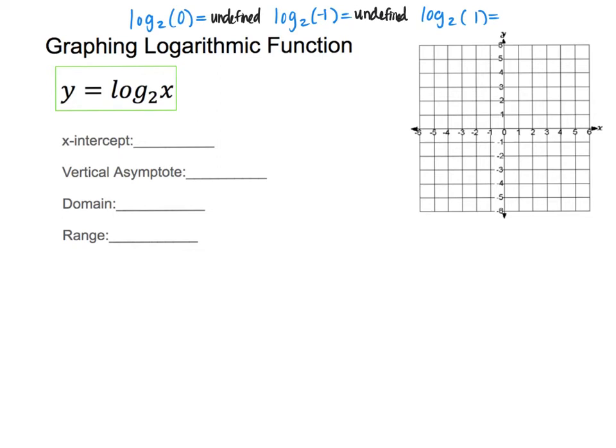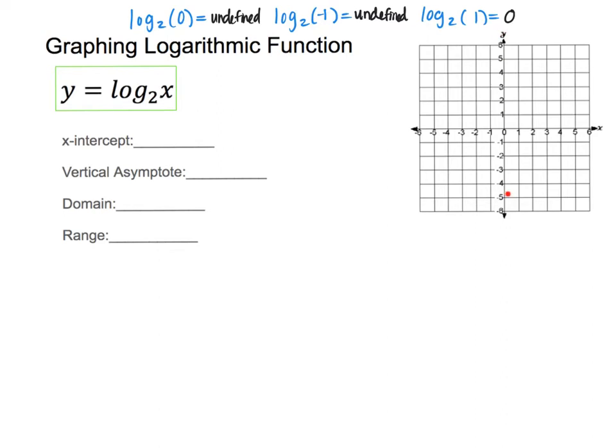Now, if you stick in log base 2 of 1, you get 0, and that's actually a number that we can work with. And that makes sense because 2 to the 0 power gives you 1. Anything to the 0 power is 1, right? So, positive numbers, logs will be okay with. If you plug in a positive number, it likes it. But if you put in a 0 or a negative number, it's going to reject it.